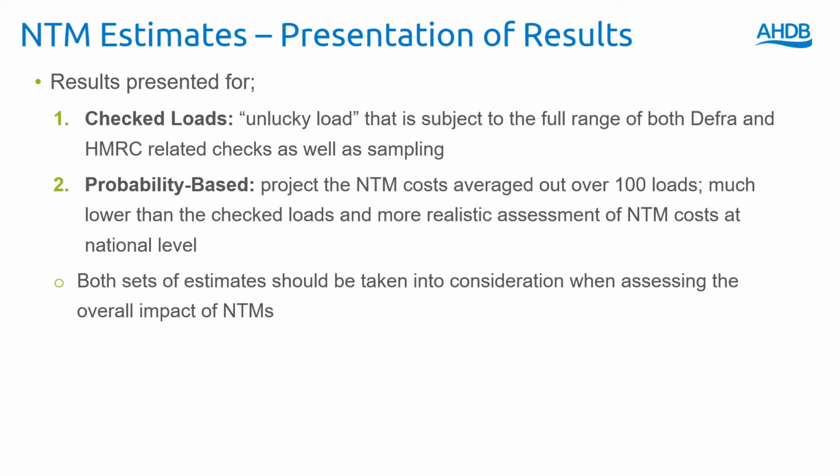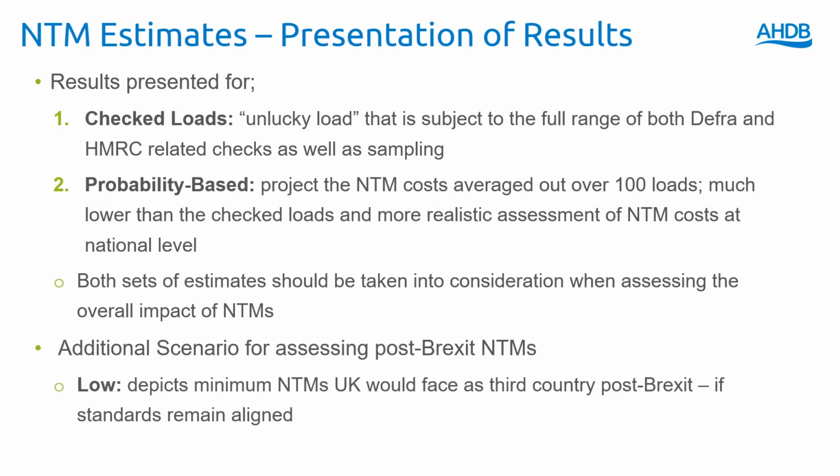And it's for this reason that we introduced an additional scenario in our assessment of NTM costs. We introduced a low scenario which depicted or estimated the potential minimum of non-tariff measure costs that the UK would face as a third country post-Brexit. So that physical check rate that New Zealand enjoys, for instance, 1% as opposed to the default 20% physical check rate, was assumed under the probability-based estimates in that scenario.